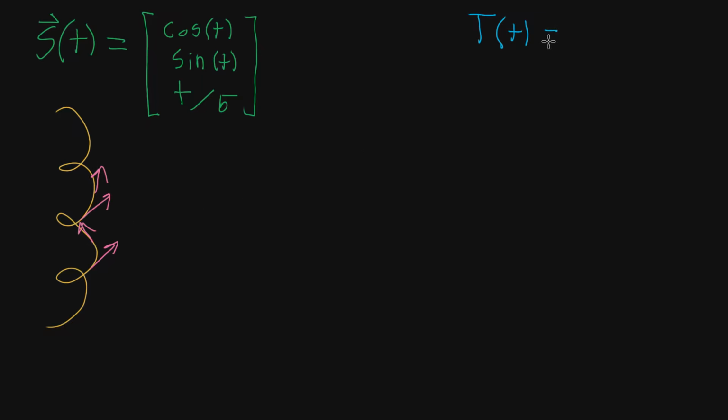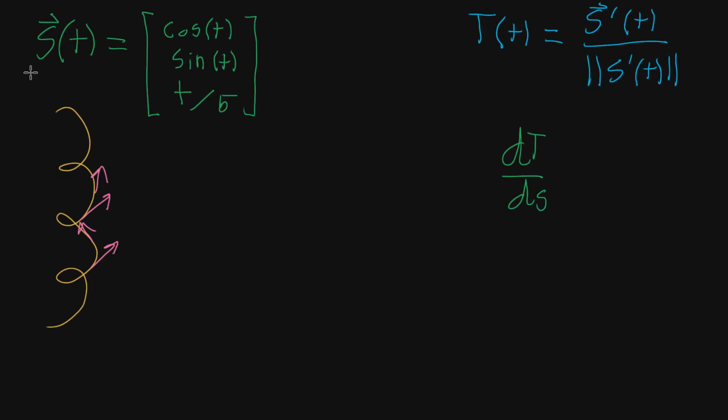And to do that, you take the derivative of your parameterization, which is going to give you a tangent vector, but it might not be a unit tangent vector, so you divide it by its own magnitude, and that'll give you a unit tangent vector. And then ultimately, the goal that we're shooting for is going to be to find the derivative of this tangent vector function with respect to the arc length.